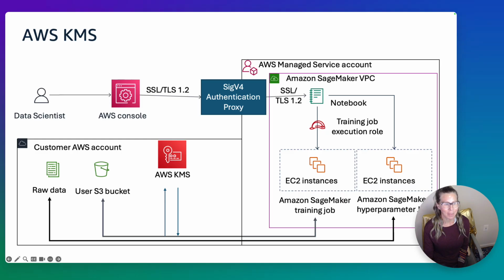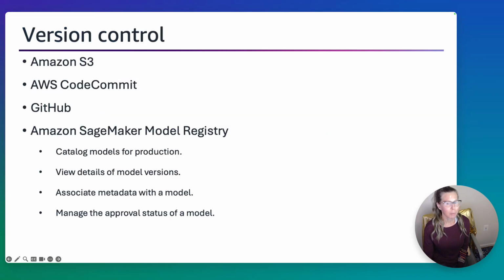Let's jump back to the principle of least privilege and talk about the recommended best practice of using version control to track code and other model artifacts. If model artifacts are modified or deleted, either accidentally or deliberately, version control helps to roll back to a previous stable release.